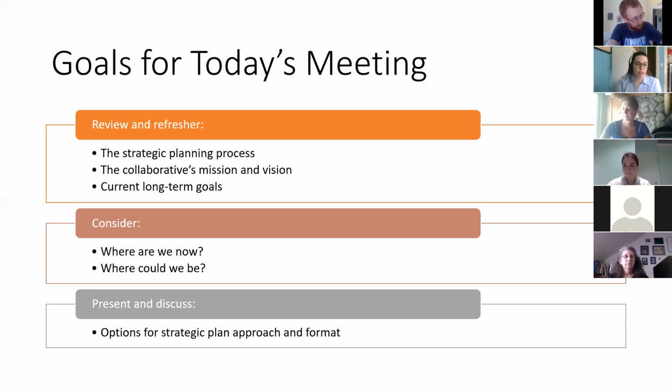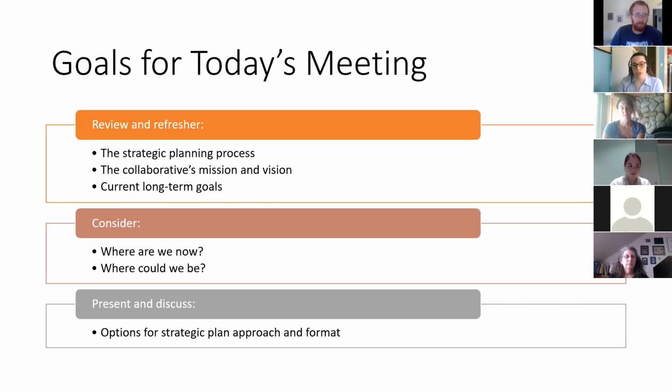Those aren't considered set in stone at this point, but it's just so that we all have that information at the front of our minds as we start thinking about the best approach for a strategic plan, the best format for that plan. And I know there have also been a few surveys around skills and the planning process, so we've taken some of that high-level information as well, and we'll talk through that, considering where we are now, where we could be with changes in demographics or population, climate as we move forward.